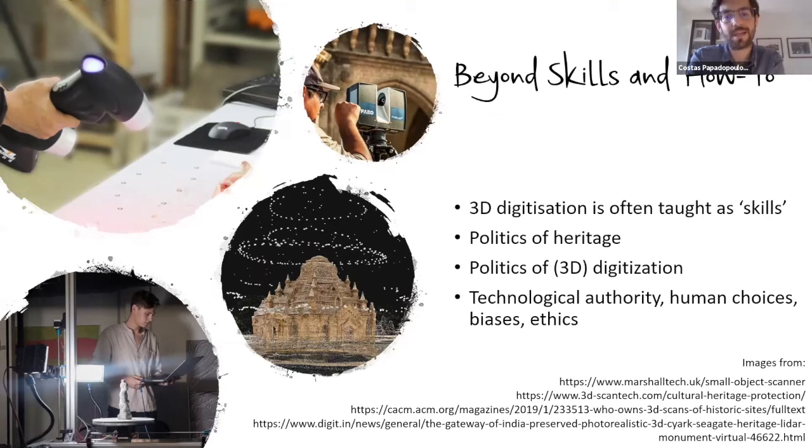All these actions create certain narratives about the objects, the communities, the people in the societies in very specific ways. So all of us working on 3D, and especially those who are new to the field, I think we need to become sensitive to the politics of digital heritage and understand that choices and decisions are political acts and highly influence this translation of a physical object into a digital one.